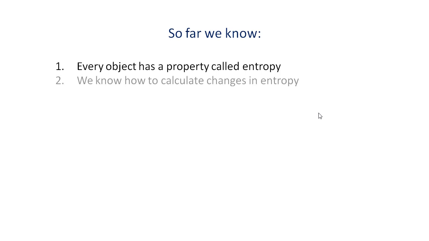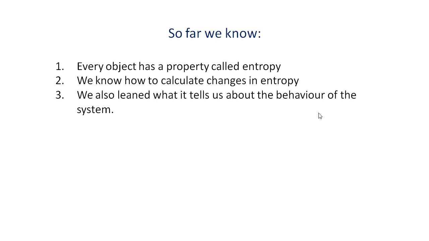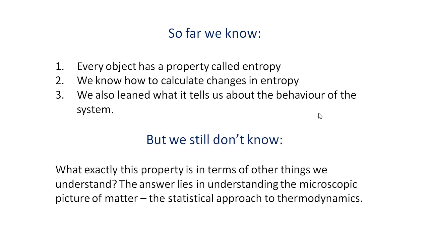The final point to note is that after this and the previous lecture, we now understood that every object has an entropy. We know how to calculate its changes, and we know what it tells us about the behavior of a system. We, however, still don't know what exactly this property means.